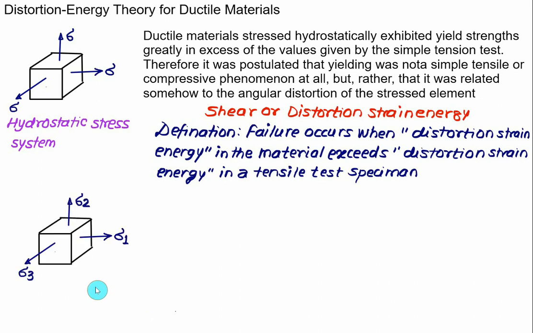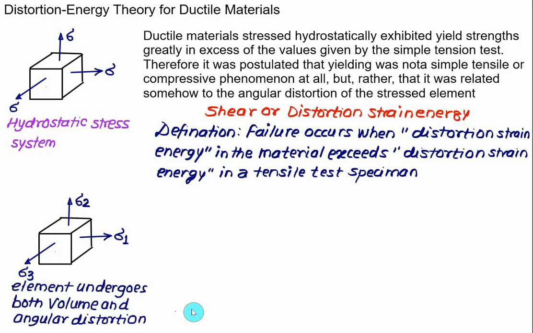This criterion is used in defining the distortion strain energy. Consider a cube subjected to a three-dimensional stress state, designated sigma 1, sigma 2, sigma 3, the three principal stresses. Because of sigma 1, sigma 2, sigma 3, this element will undergo both volume change and angular distortion.